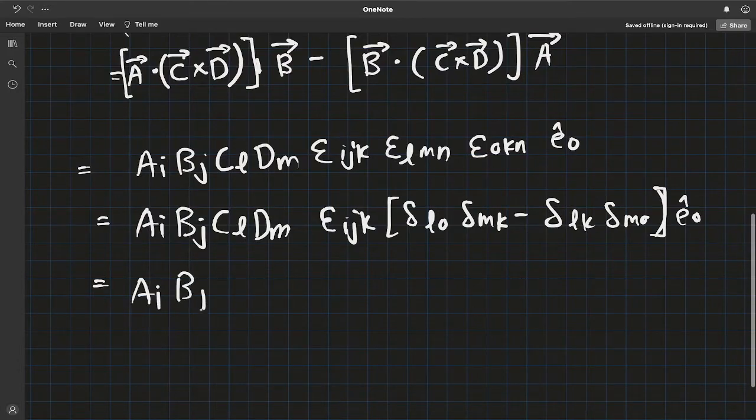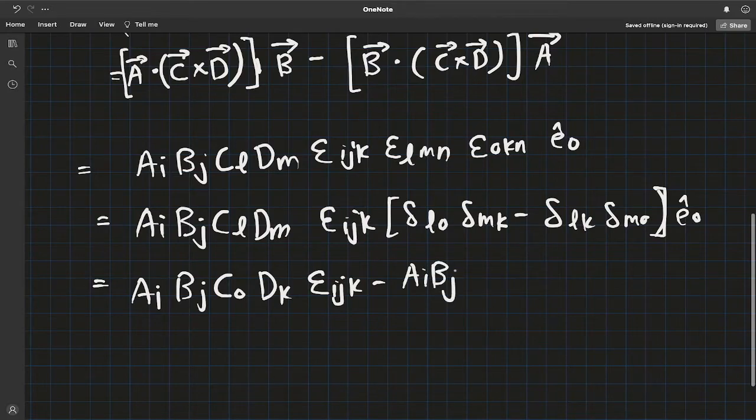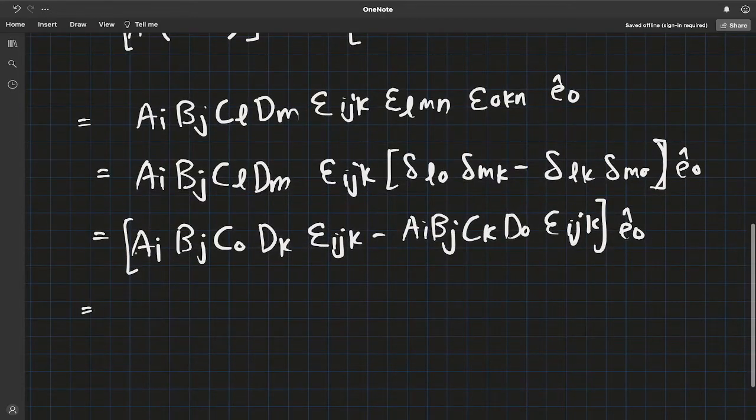A_I B_J C_O D_K epsilon IJK minus A_I B_J C_K D_O epsilon IJK. We still have the e_o hat. Do a similar observation.